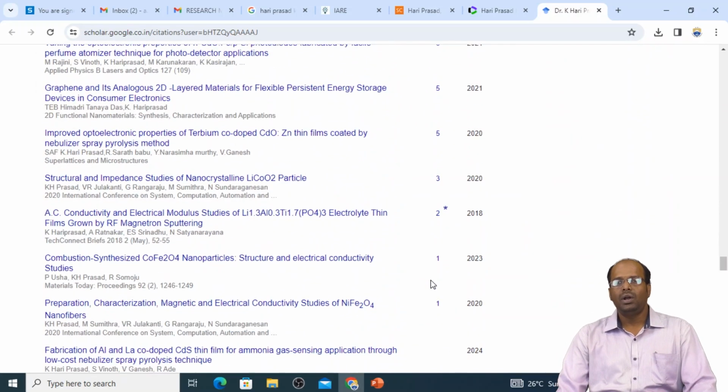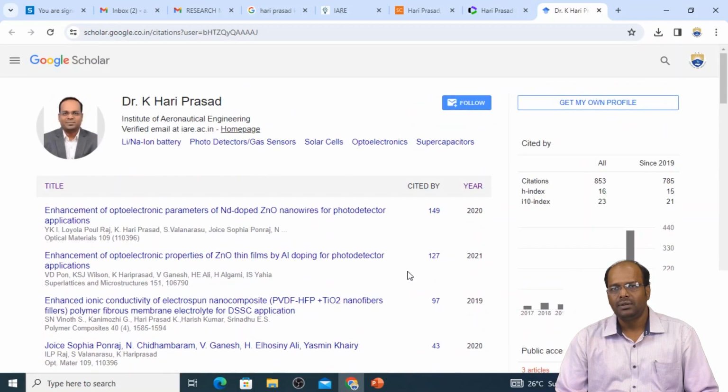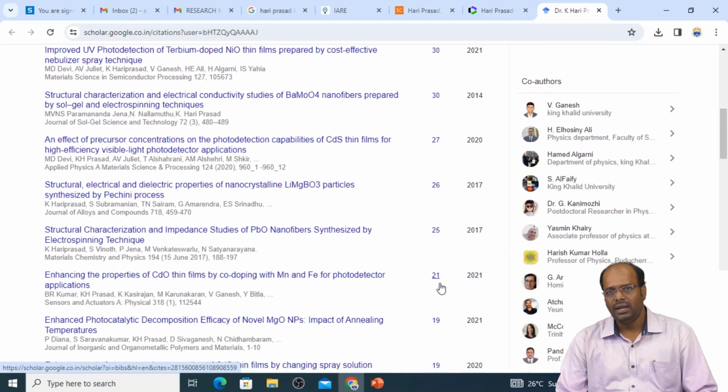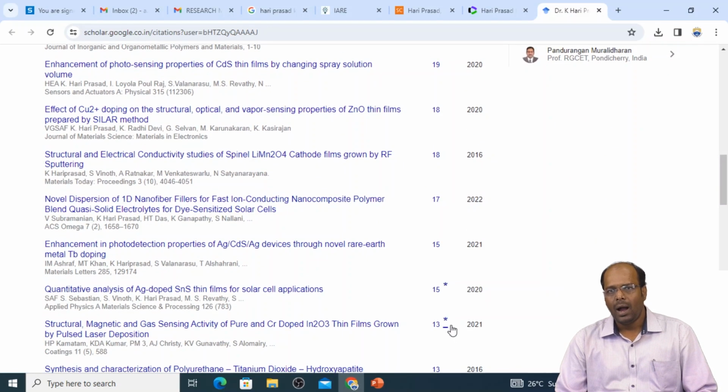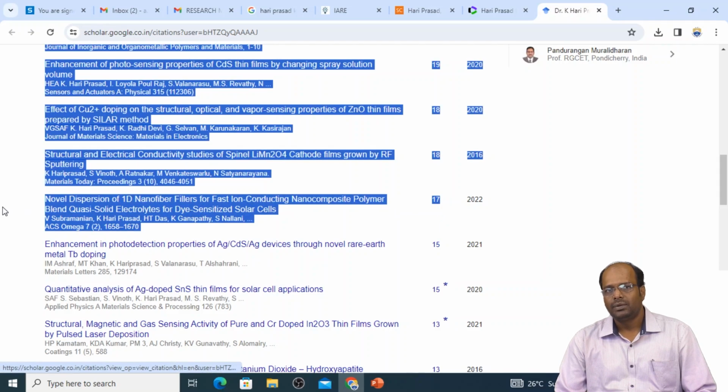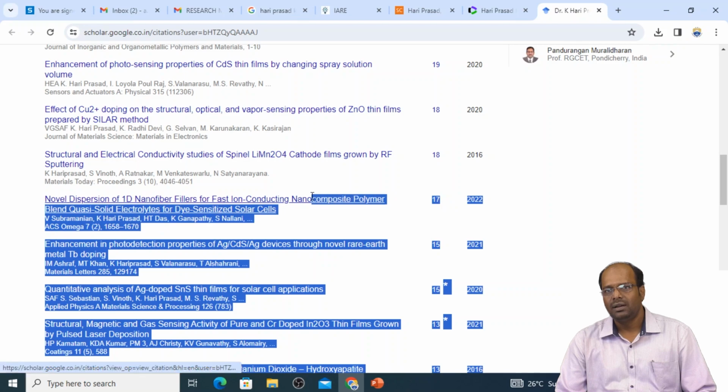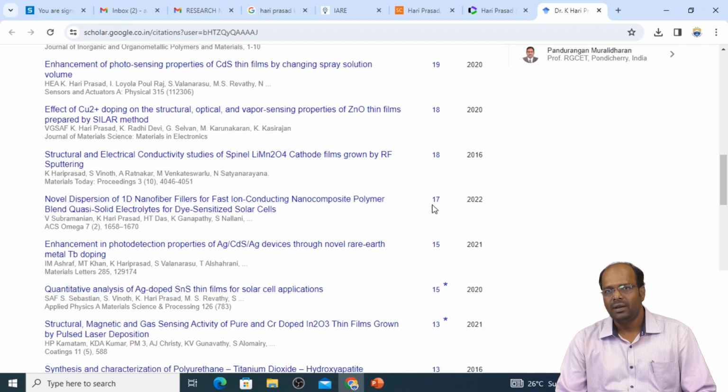Out of 42 articles, the first article has the highest citation, 149, the second article 147, and likewise. Up to here, this is the 16th publication, which has citations of 16 or greater. After the 16th article, the 17th article also has citations, but the 17th article's citations are less than 17, so it is not counted in the index.